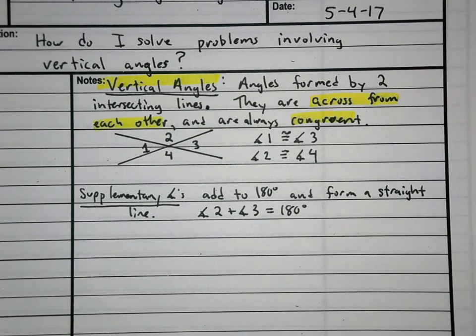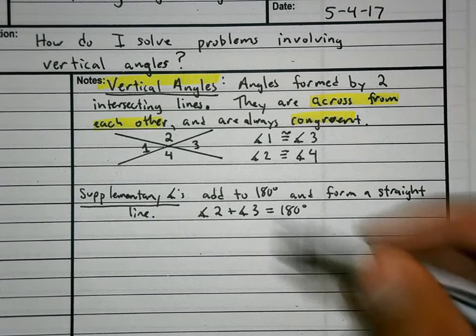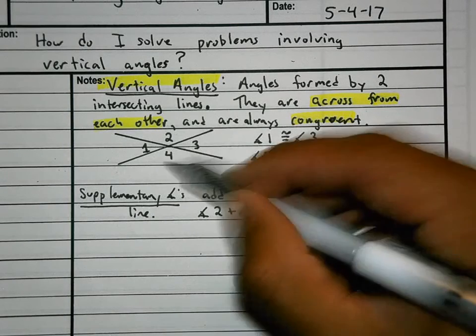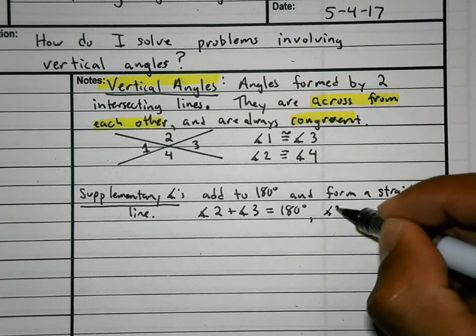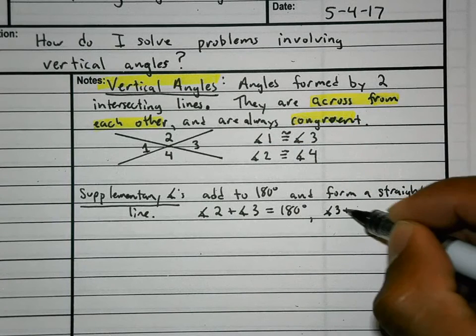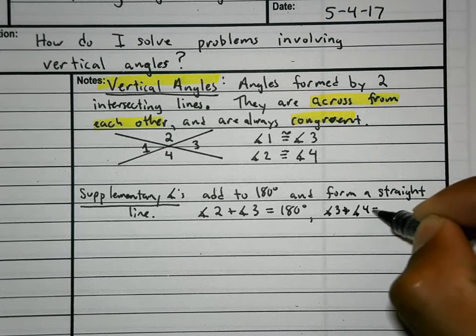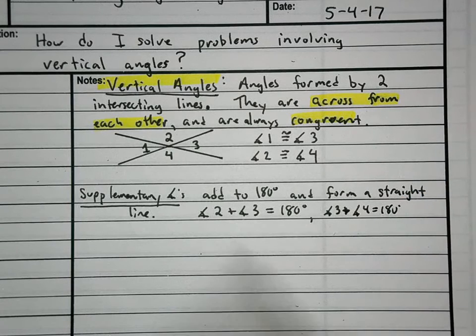Those aren't the only ones that add to 180. There are 4 pairs that add to 180. I could also say 3 plus angle 4 equals 180. I could also say 1 plus 4 equals 180. I could also say 1 plus 2 equals 180.